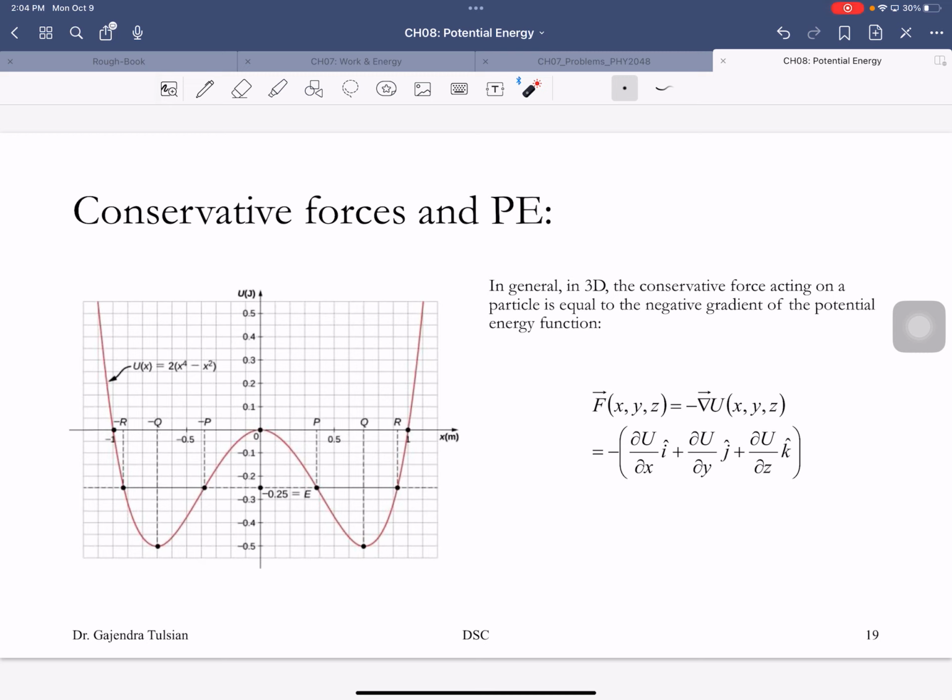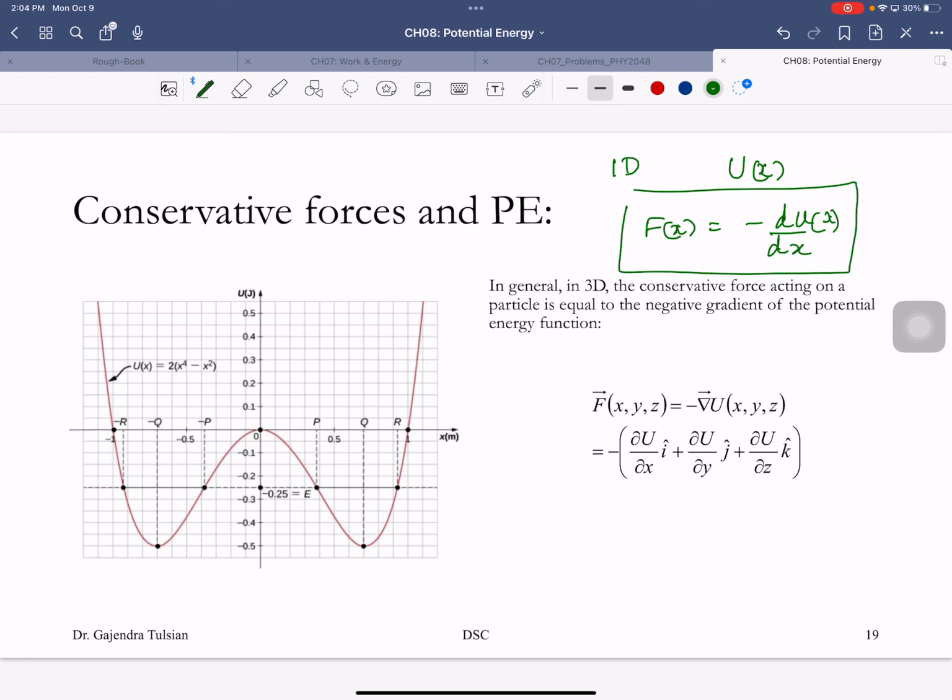Okay? All right, now we'll generalize the concept to 3 dimensions. So in one dimension, if I gave you the potential energy function, you knew how to calculate the force: minus du by dx. Okay? Now, how do we generalize that to 3 dimensions? What was this guy?